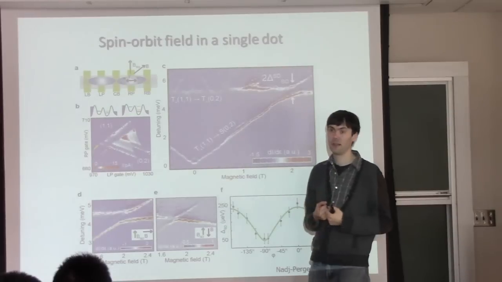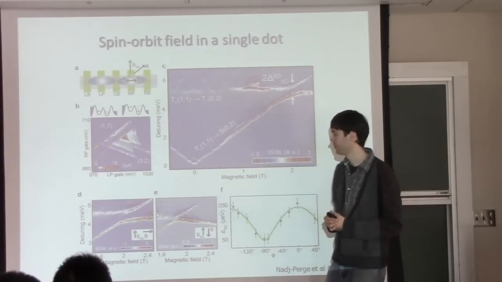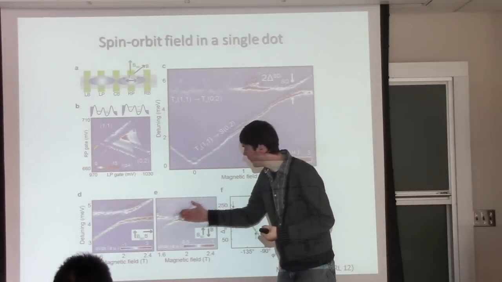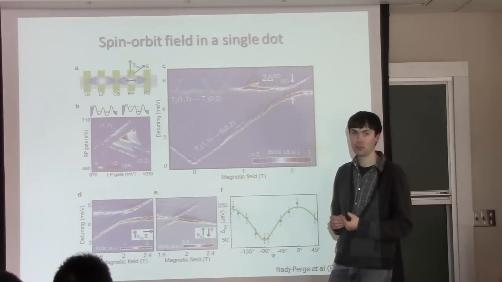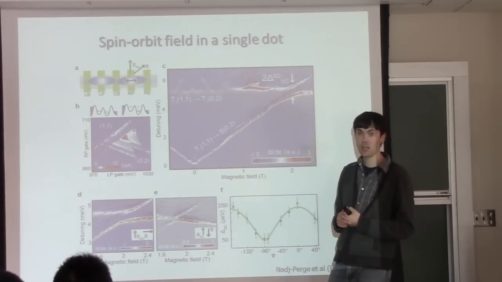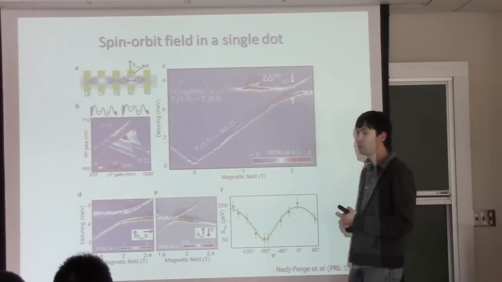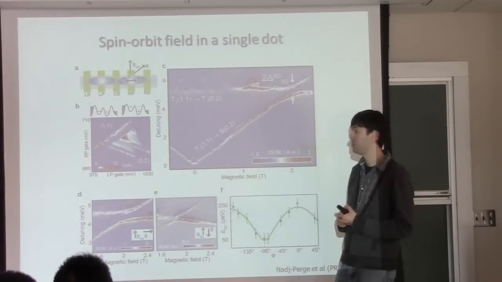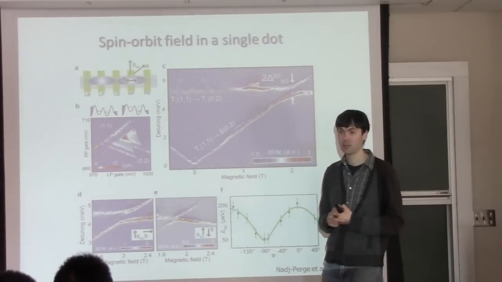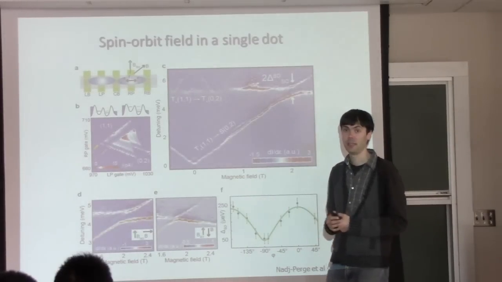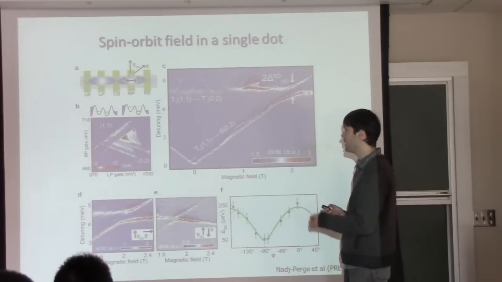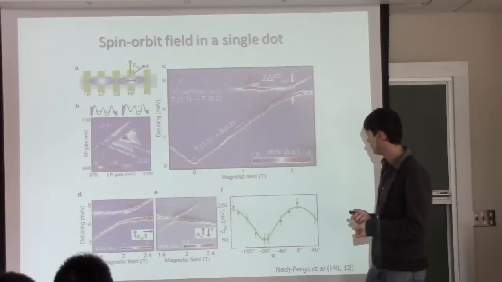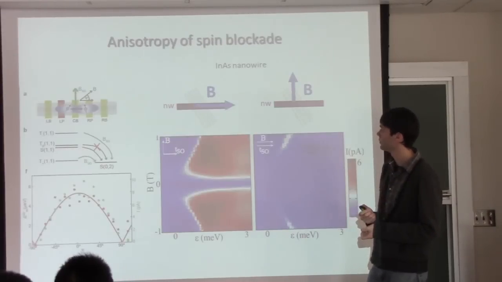But if the two fields are collinear, this will not happen. So this is a measurement of the magnitude of the spin-orbit effect, also of its direction. And we have used quantum levels that have spin character, opposite spin character, singlet and triplet, in a quantum dot to measure spin-orbit interaction in this material.